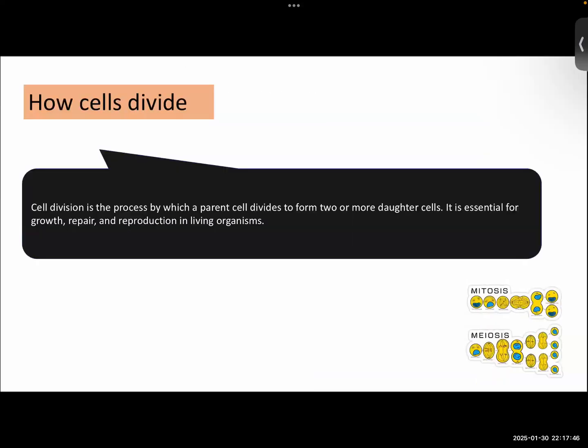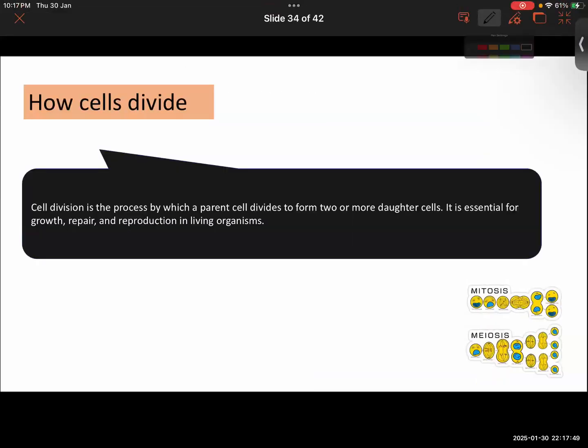Good. One more topic is how the cells would be dividing. Like how the cells would be basically multiplying. So cell division basically is the process by which a parent cell divides to form two or more than two cells, right? As a result of cell division, the organism will grow further.